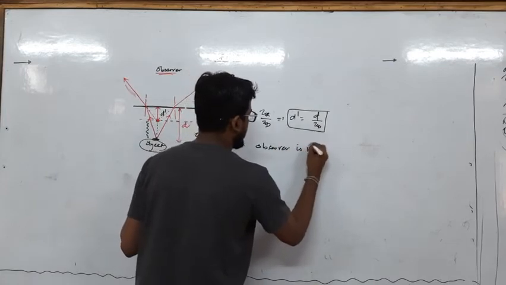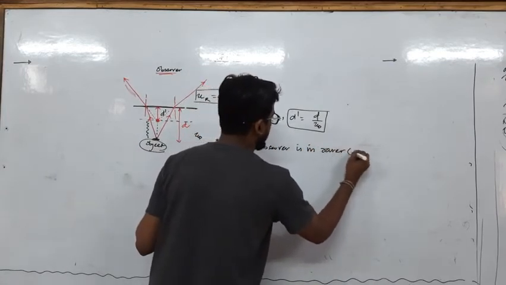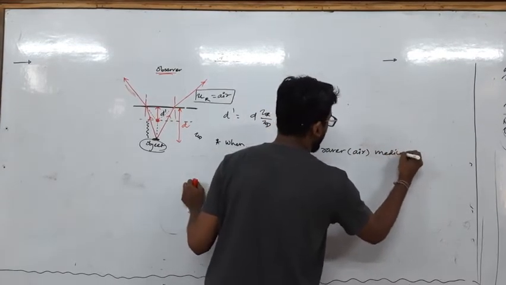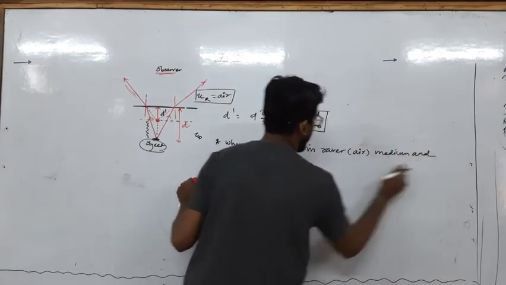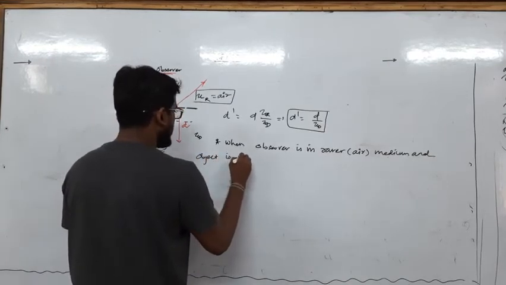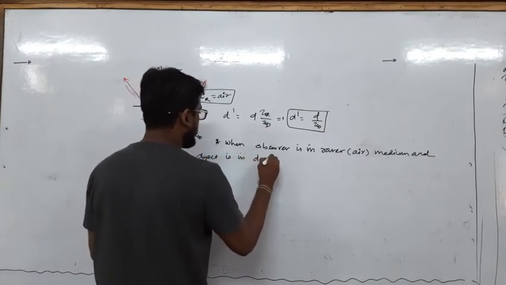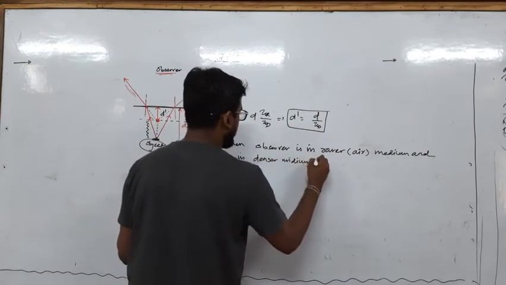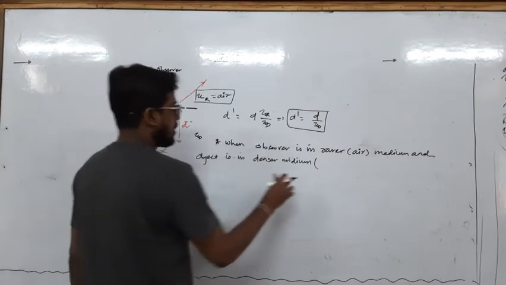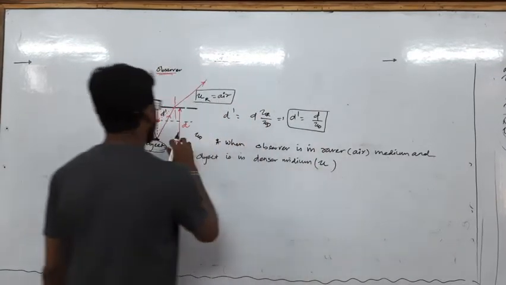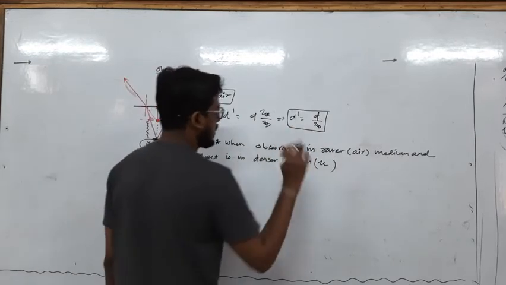When the observer is in the rarer, that is air, medium, and the object is in a denser medium, clear? Let any denser medium have a refractive index mu.